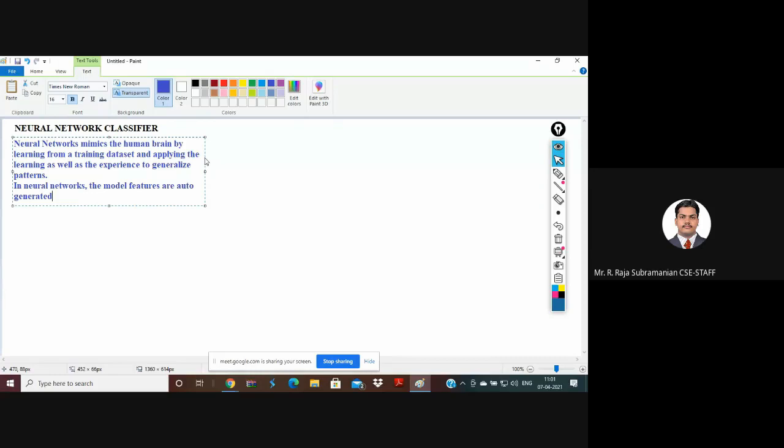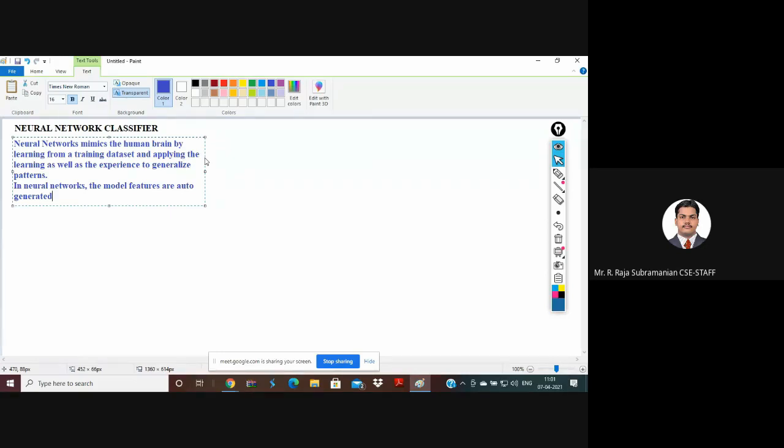But the main disadvantage here is that the developer himself doesn't know how the model is actually doing that particular classification. If it is machine learning, we can easily say that the distance between these two points is this much, so this point is classified as red or black. I can reason why the point is classified as red or black.